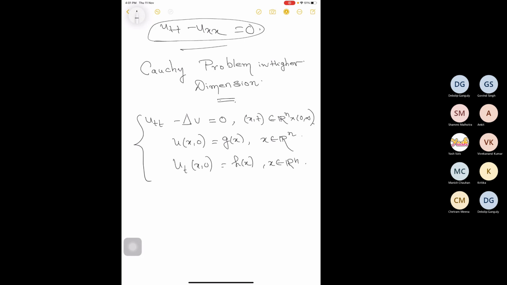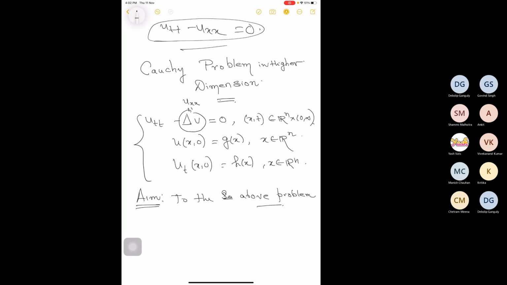So the aim now is to solve the above problem. Because now, instead of u_xx, you have the higher order term, that is the Laplacian of u, because now we are working in a higher dimension case.